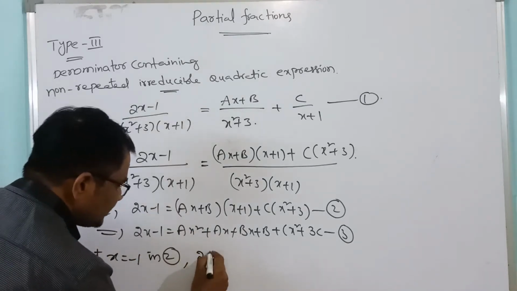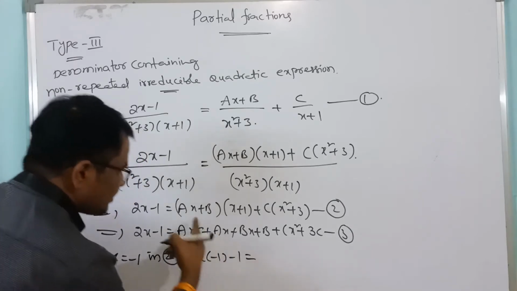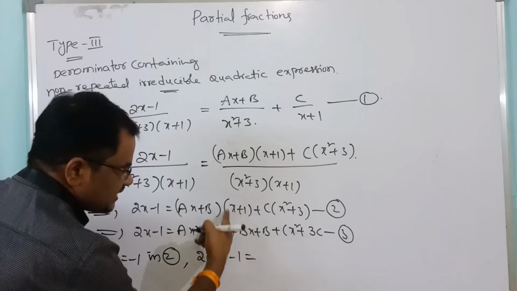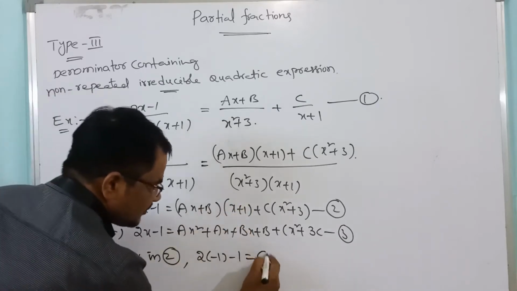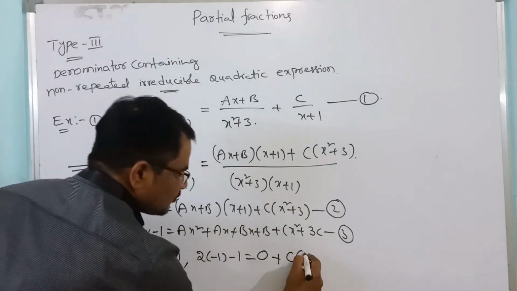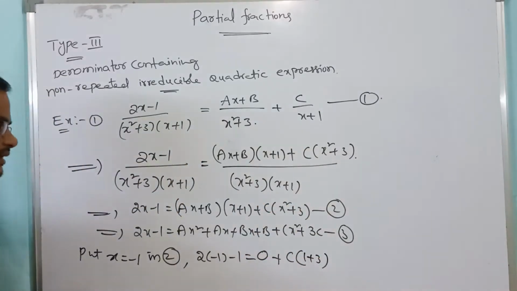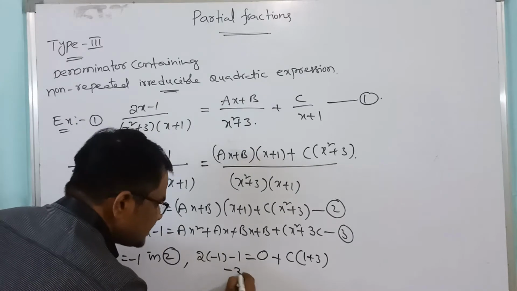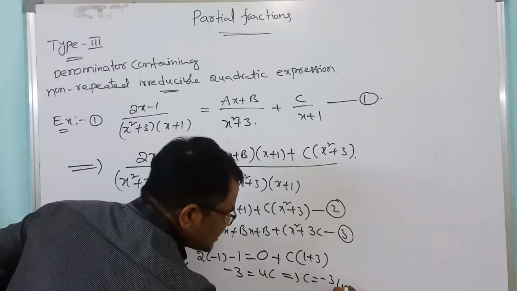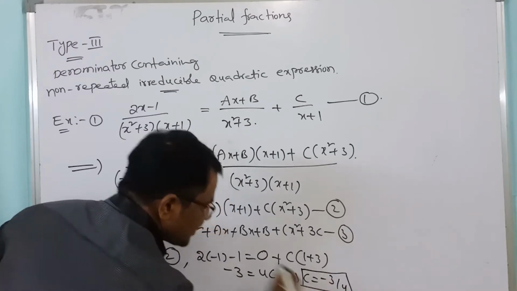Left side 2 into -1. Here the first term, -1 + 1, becomes 0. 0 into this value is 0, plus C into (-1)² + 3. Now that is equal to -3 = 4C. That implies C = -3/4. Right? Next step.